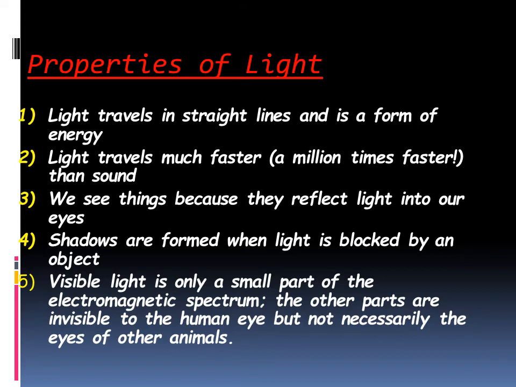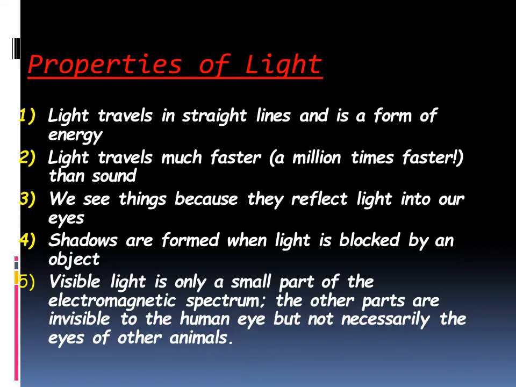How can we prove that? The same thing when kept in a dark room, can you see? Suppose there is a book. In daylight you can see that book, but the same book, when it is kept in a dark room, can you see?